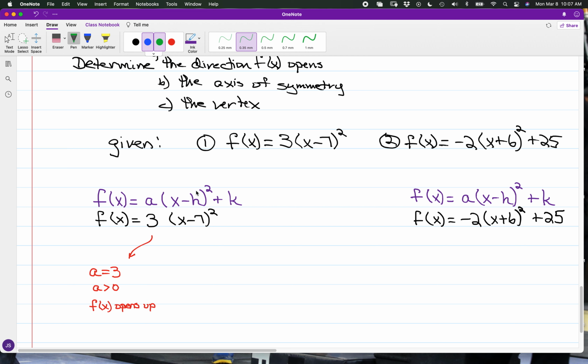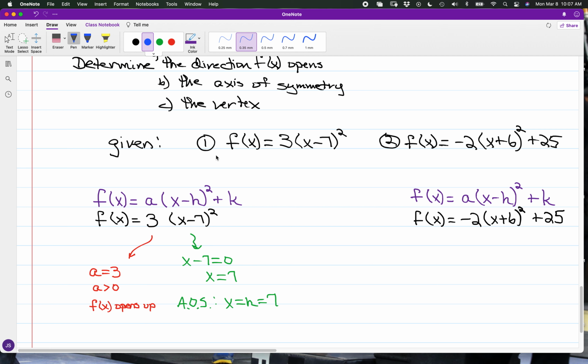For the axis of symmetry, if I take the 0 of what represents x minus h, I have x minus 7 is equal to 0, so x is equal to 7. So for the axis of symmetry, x is going to be equal to 7.